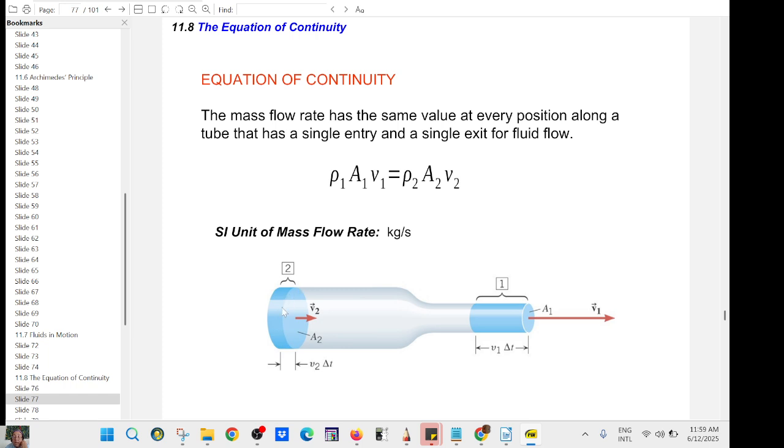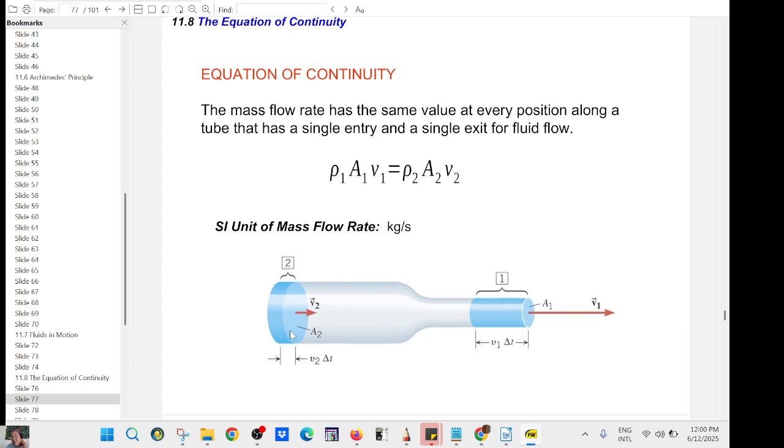So if you have a large area here, if it's the same mass flow rate or volume flow rate, okay? So every second you have the same volume flowing through, then you need to have this equation.